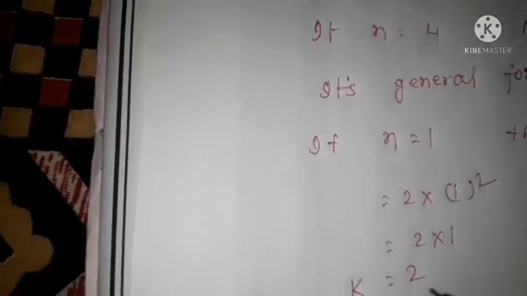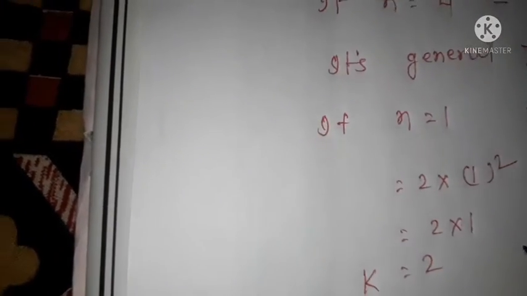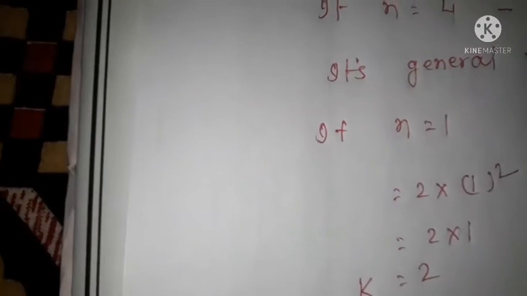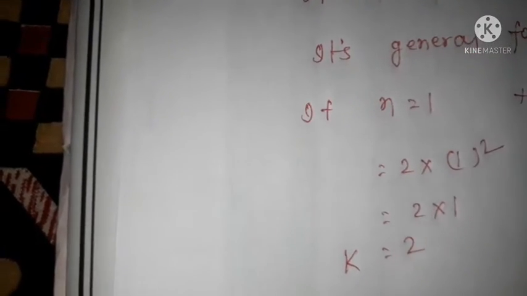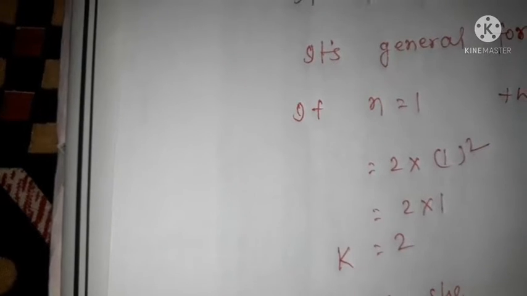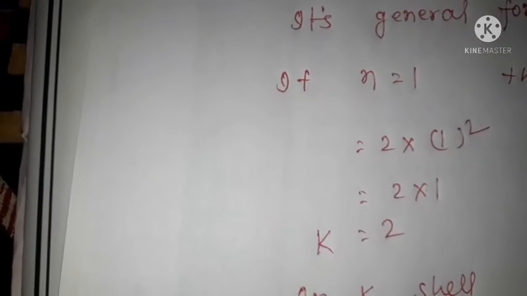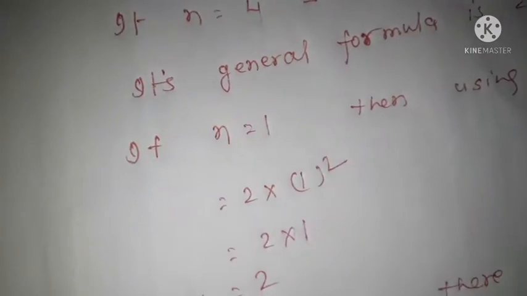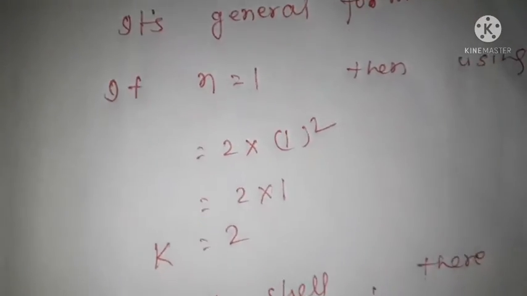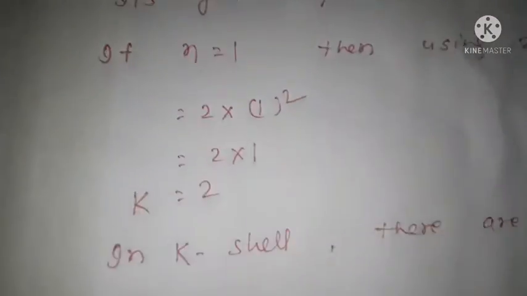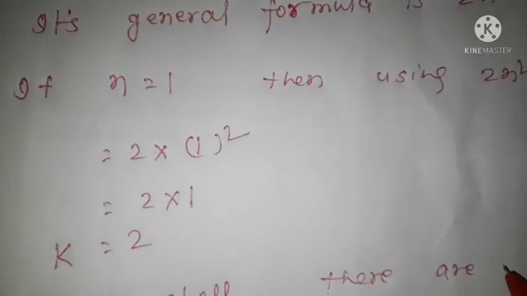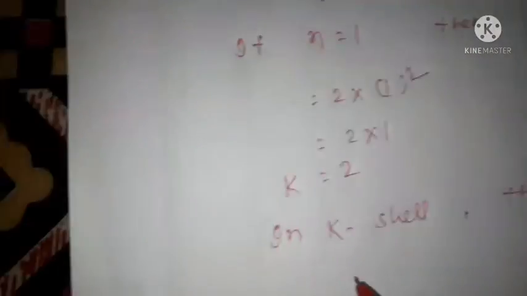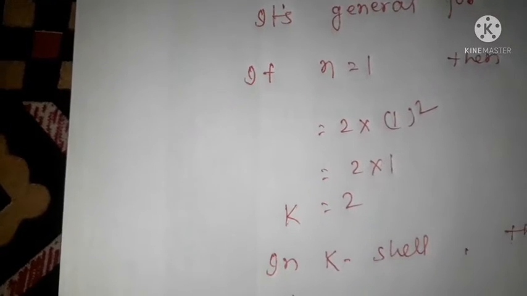K cell contains 2 electrons. Now we can say that in K cell there are 2 electrons.